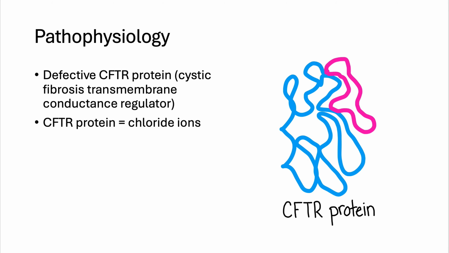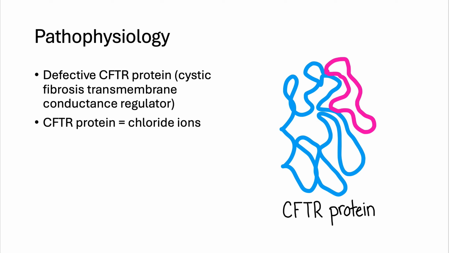Looking at the pathophysiology of cystic fibrosis, it is caused by a defective CFTR protein, and those letters stand for cystic fibrosis transmembrane conductance regulator protein. This protein works to transport chloride ions in the body, and chloride works to thin out our secretions like sweat and mucus.